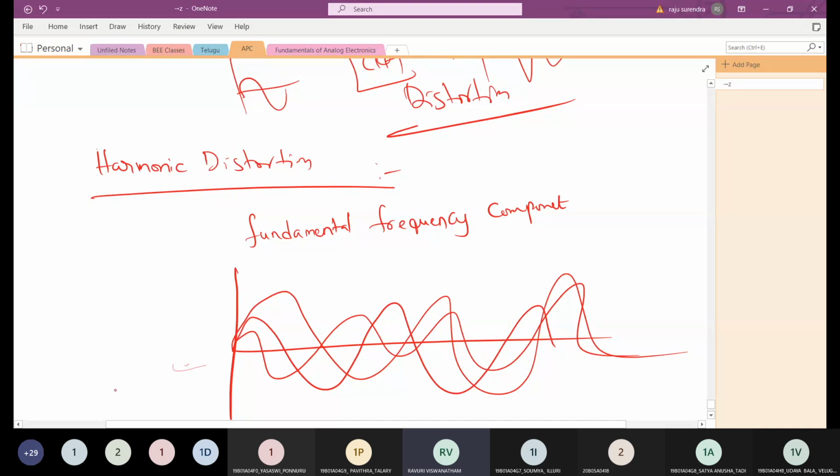Whatever we drew initially is the fundamental frequency component.